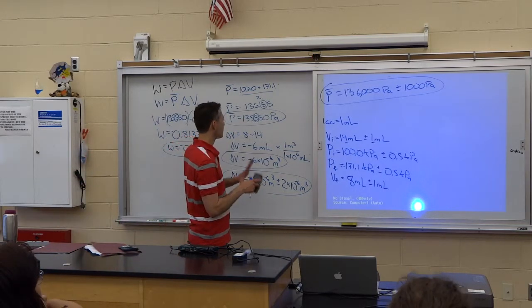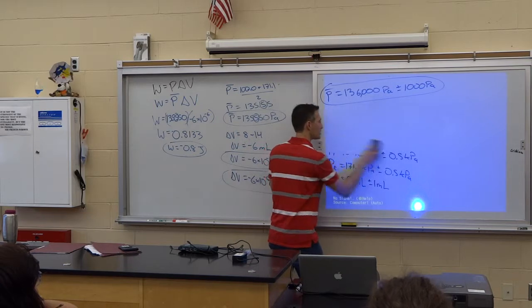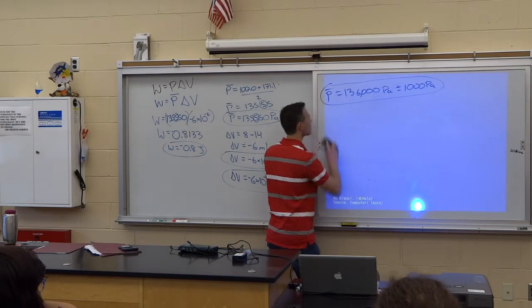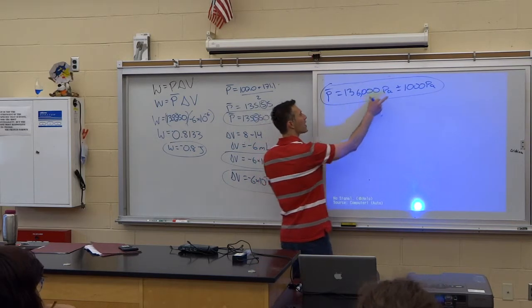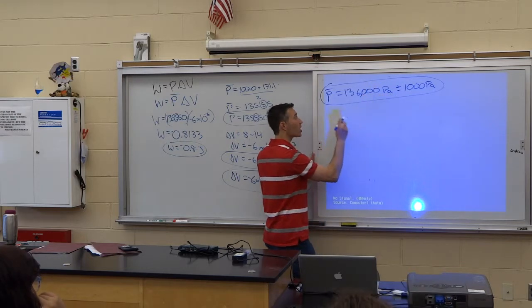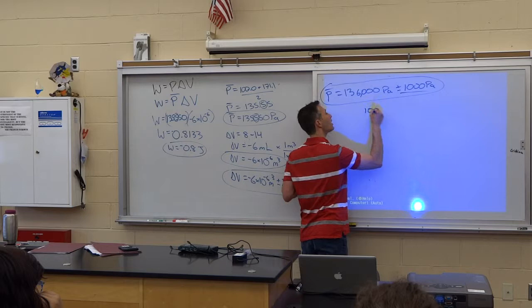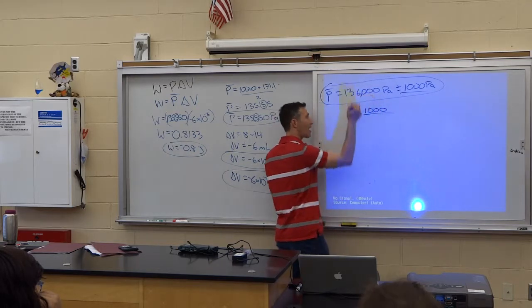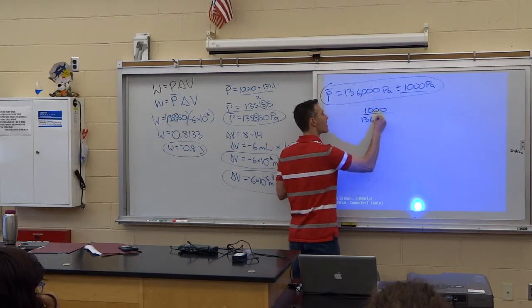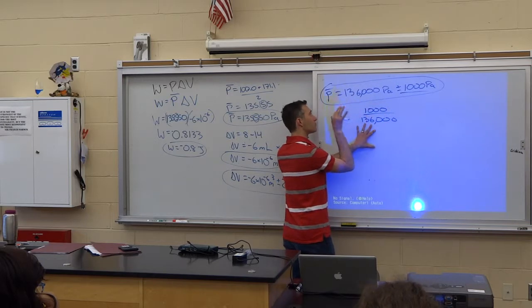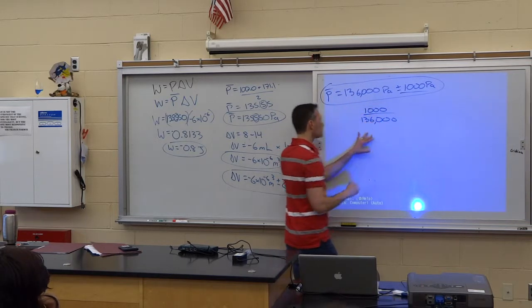At this point, again, I kind of need extra room, so I'm just going to erase my raw data. And let me find the relative uncertainty in the pressure first. Relative uncertainty is the absolute uncertainty divided by the value. Okay, so that will give me the relative uncertainty in the pressure.